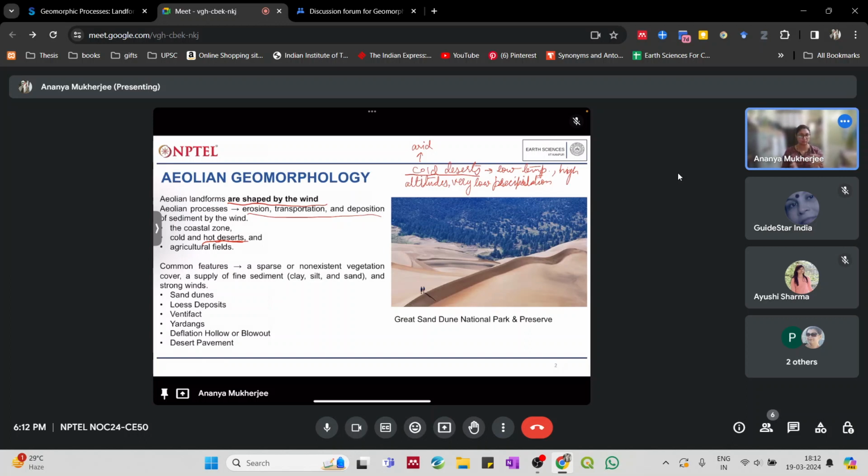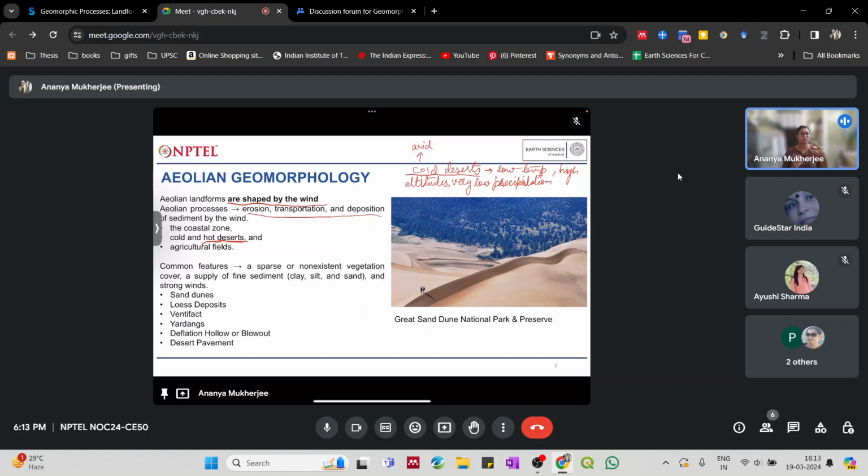We will see in upcoming slides what rain shadow regions are. Obviously the mean annual temperature of these areas is pretty high. There is another characteristic: in hot deserts your day and night temperatures vary a lot. There is a high diurnal temperature variation in hot deserts.